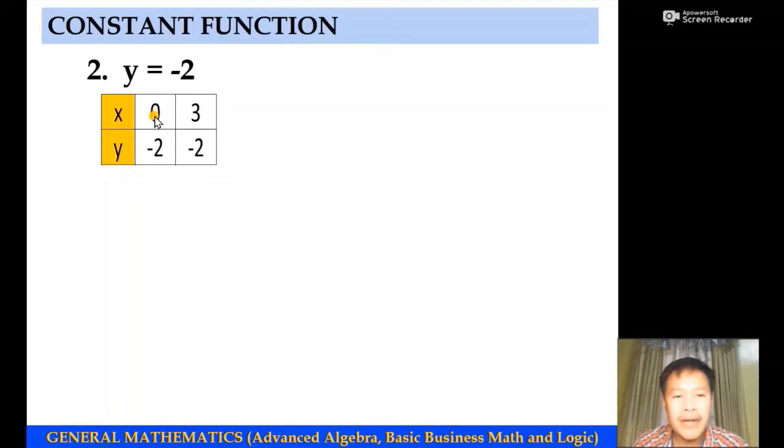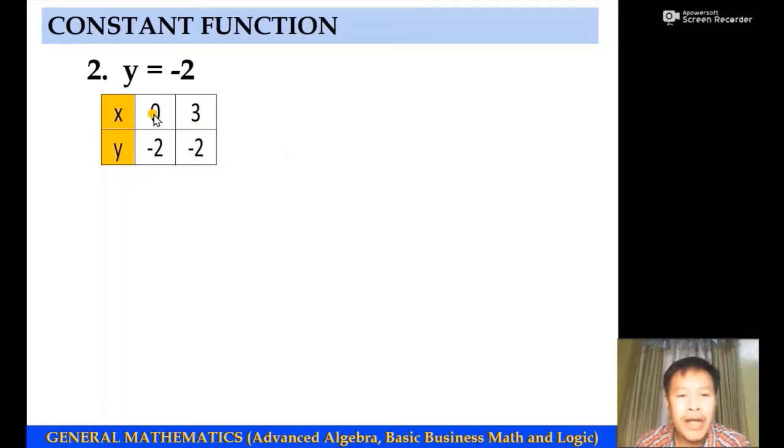Since you start with 0, you can have 1, you can have 2, you can have 3. I want 3 here. Now, if x is equal to 0, our y is equal to negative 2. If x is equal to 3, our y is negative 2. Whatever the constant, that is automatically the value of y.